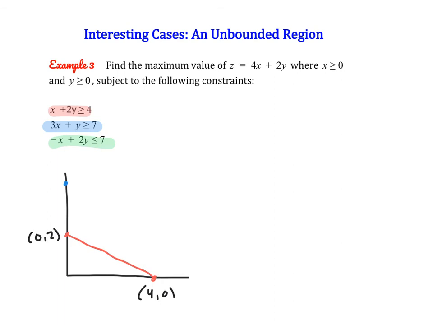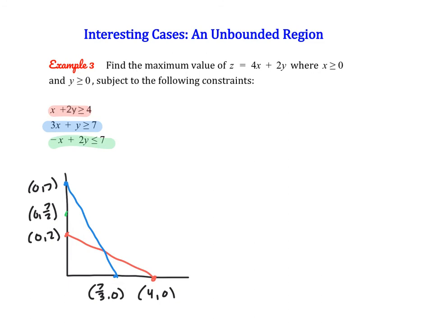And here's 0, 7. And when y is 0, x is 7/3, so somewhere around here. Okay, and for our green function, when x is 0, y is 7/2. And when y is 0, x is -7.